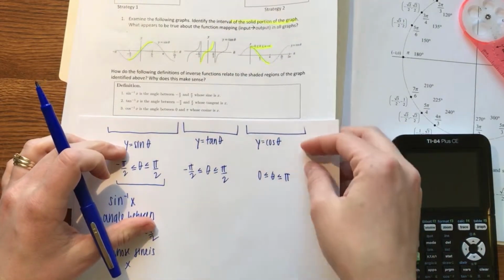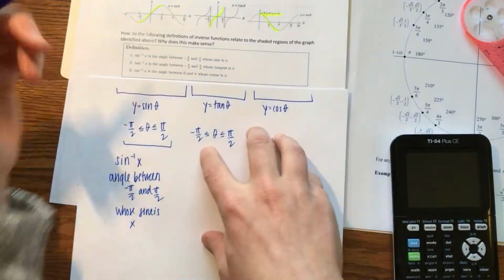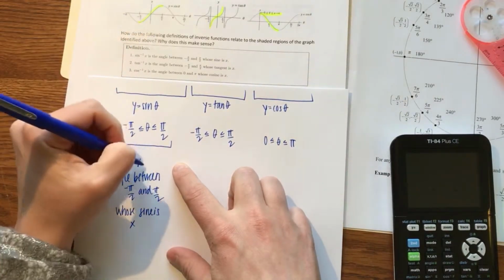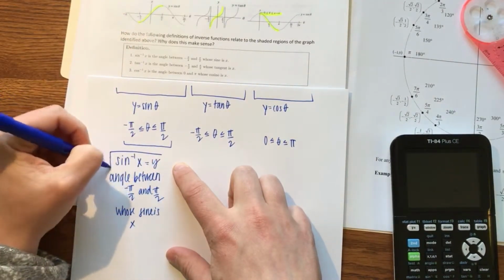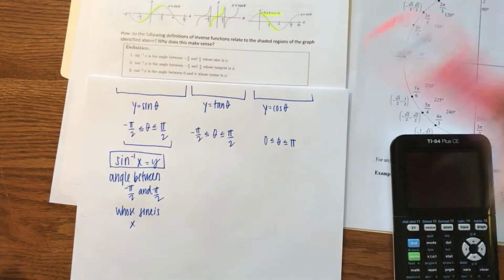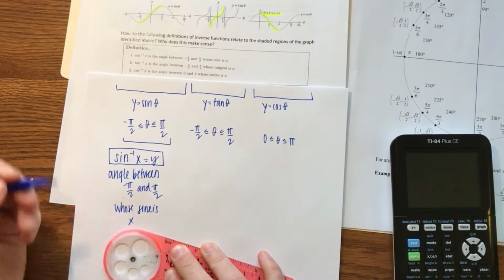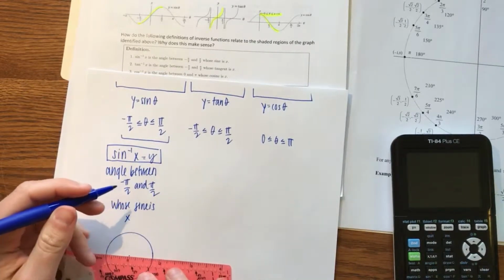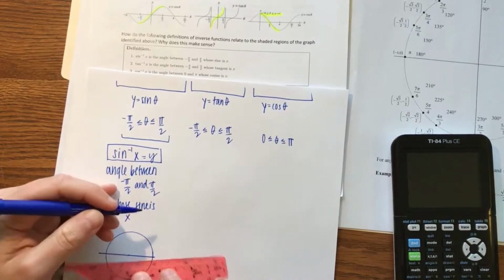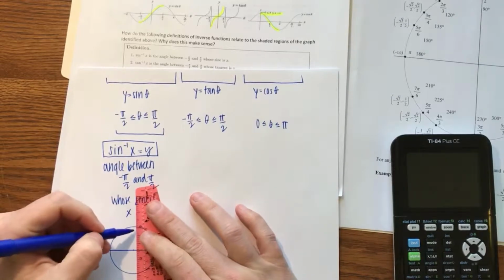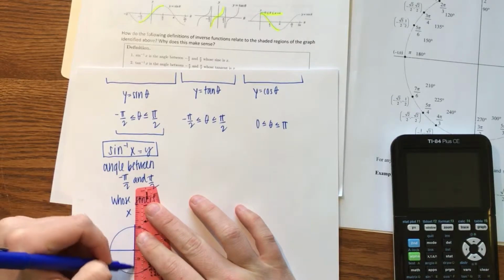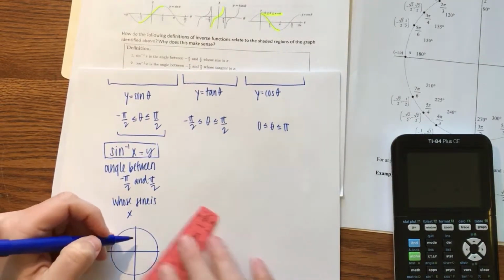Essentially, you can think about it graphically, you can think about it in terms of function notation, but you can also think about it using the unit circle. So if we have our unit circle, and I'll draw a grid on this one, sine inverse is the angle whose sine is x.